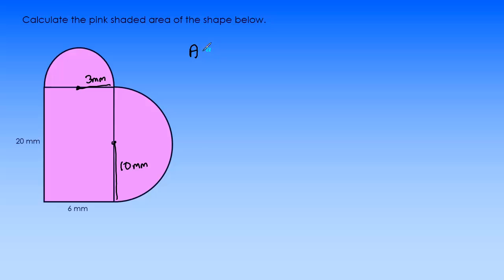So the overall area that we want is going to be the area of the rectangle added to the area of the small semicircle added to the area of the large semicircle.